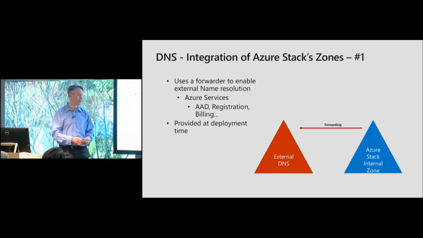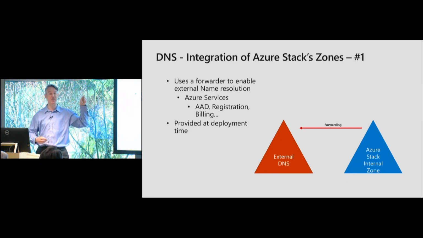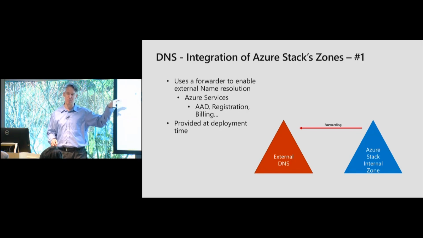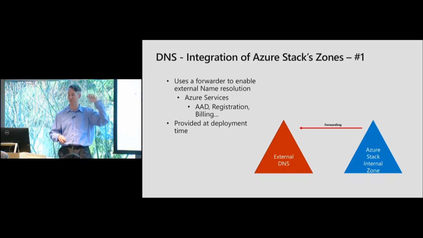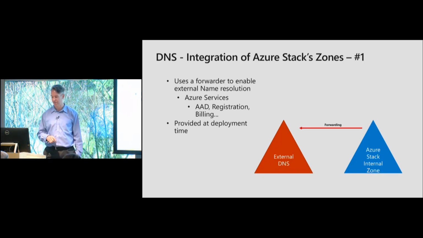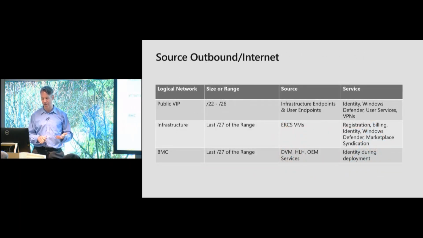So when you enter the IP address information for DNS external, it's basically configuring the internal DNS to say, if I can't answer this question about names, who am I going to forward it to? By default, that internal DNS environment will just forward out to the IP addresses that you've given it on your regular corporate DNS network. And then you're responsible for forwarding that wherever you go to. So that's set up at deployment time.